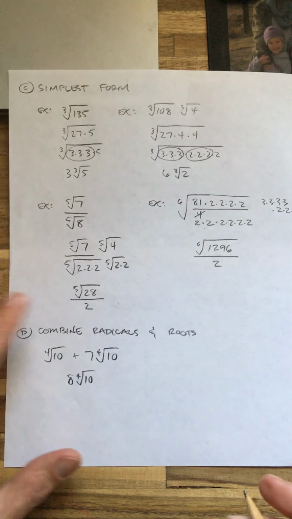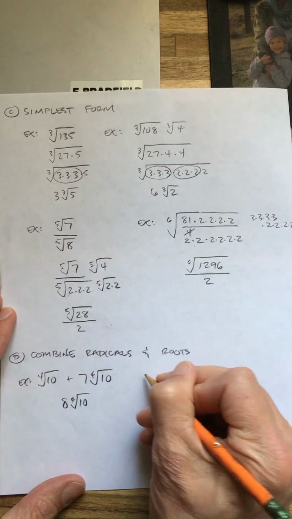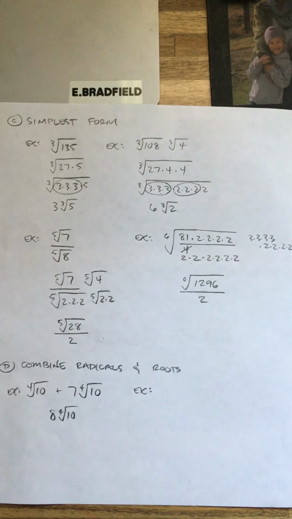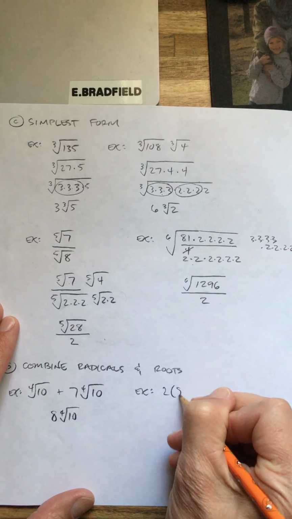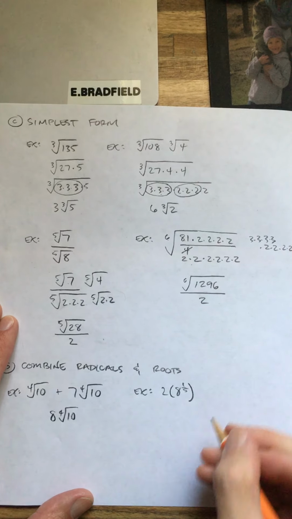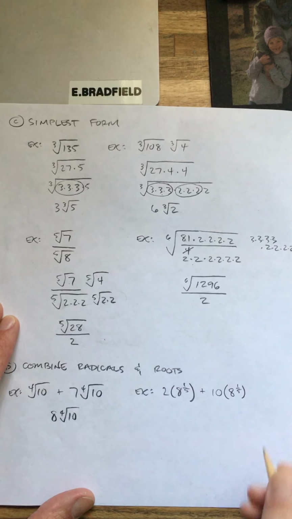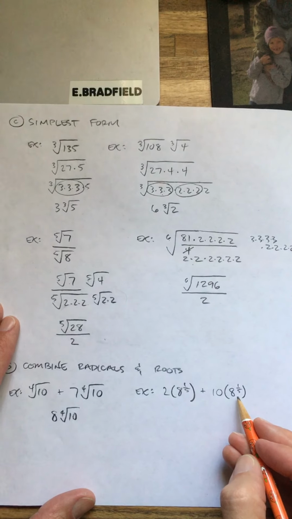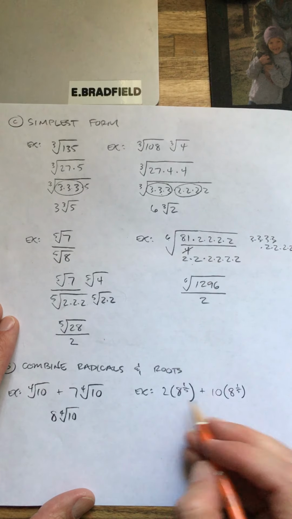Let's try this guy. Here that was one example. Let's do another one. Every now and then you'll see it in rational exponent form. So we have something like this, 2 times 8 to the 1/5, that's the fifth root of 8, right? I have 2 of them, okay? Plus 10 times 8 to the 1/5, that's the fifth root of 8. There's 10 of them. There's 2 of these. How many do I have altogether? I have 12 of them.